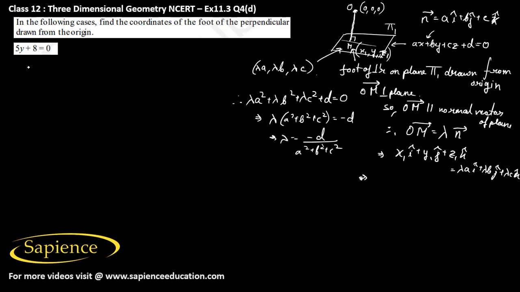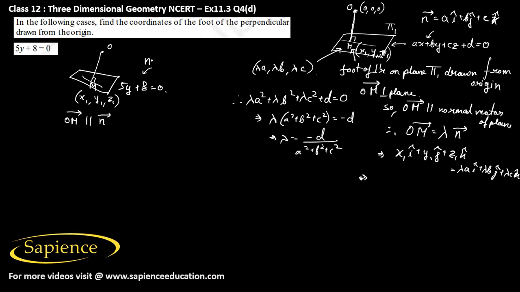So therefore, here also the plane equation is 5y plus 8 equal to 0. Then from the origin we draw one perpendicular to the plane, and the foot is point M. So now M, suppose, is x1, y1, z1, and then the OM vector will be parallel to the n vector of this plane.